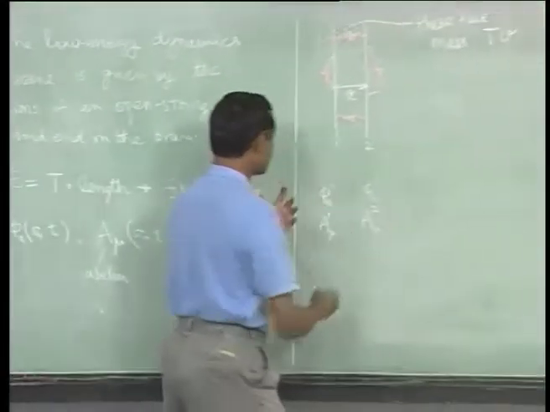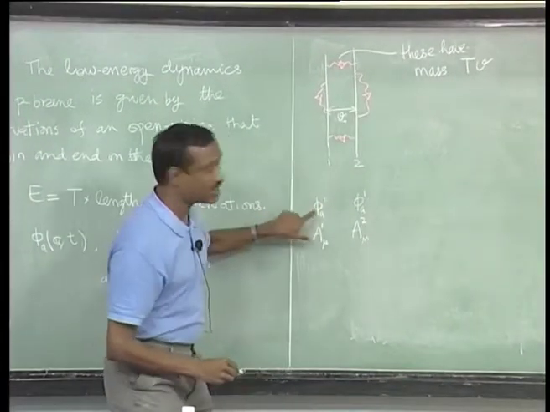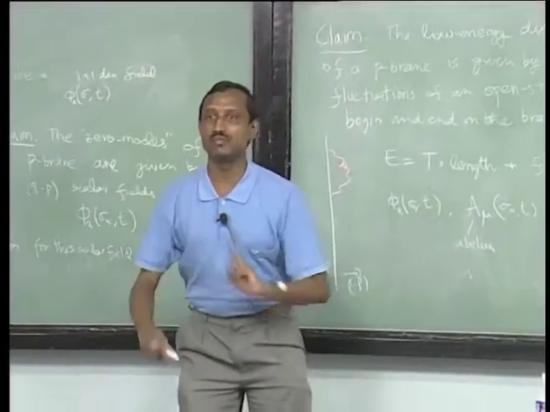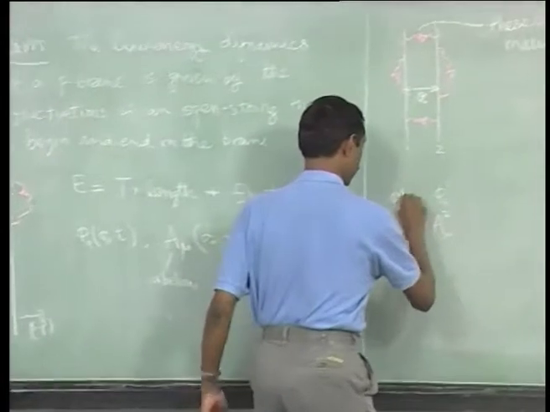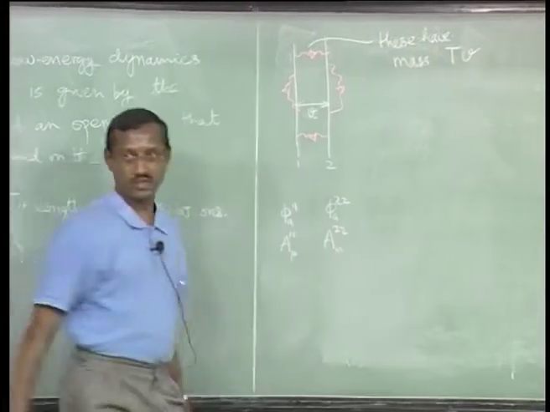So now let me remind myself by saying that this is something coming from a string which is starting at 1 and ending at 1. So, let us keep track of both. This is 2 to 2, 1 to 1, 2 to 2.